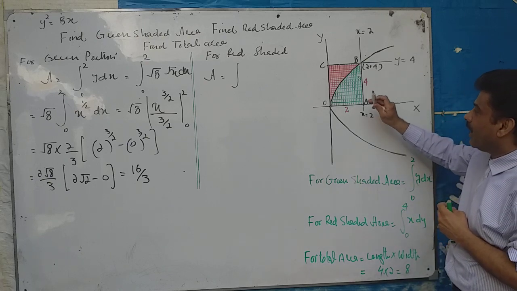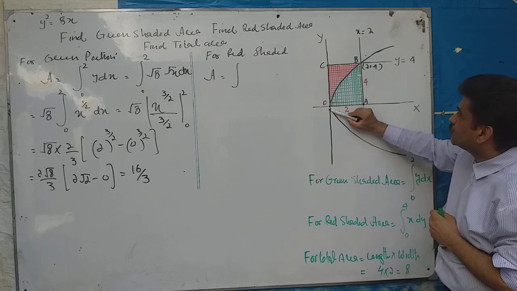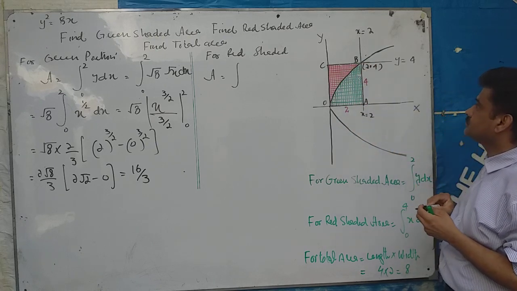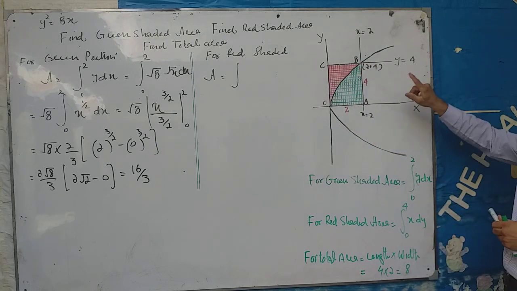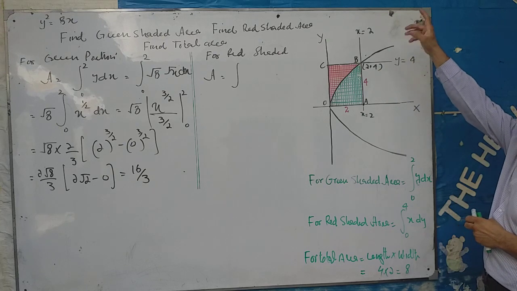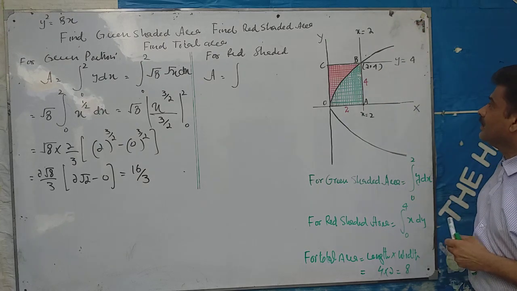We take y equal to 0 to y equal to 4, because the point B lies on the curve.